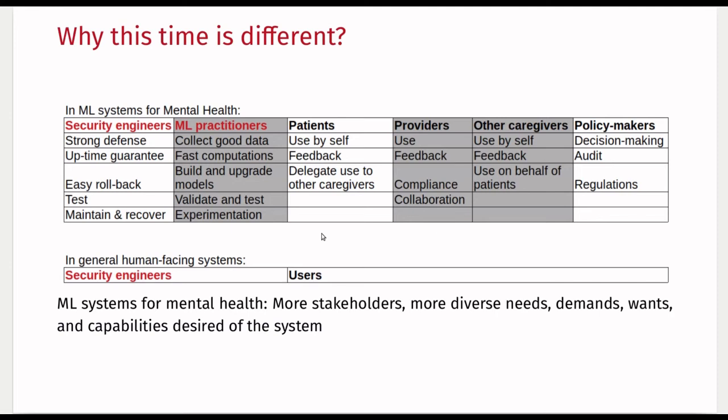Well, here's an example. Let's say there is an ML system designed to facilitate conversations and therapy processes with patients. And sometimes the patients may want to delegate the use of such a system to their caregivers, right? Let's say the security mechanism you implement is a password-based system.